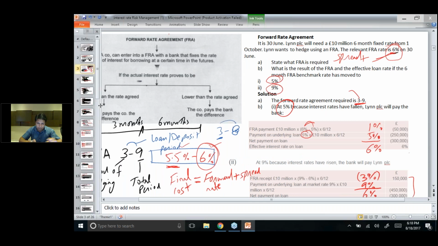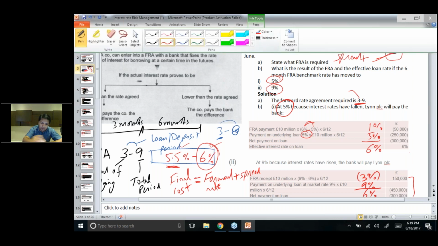If you have any question from the FRA area, you can type in the question section. But remember one thing, there will be a maximum of 1 or 2 marks available for the FRA. The examiner will not give you a 5 to 7 marks question from the FRA. For 1 mark, you cannot perform this much working.